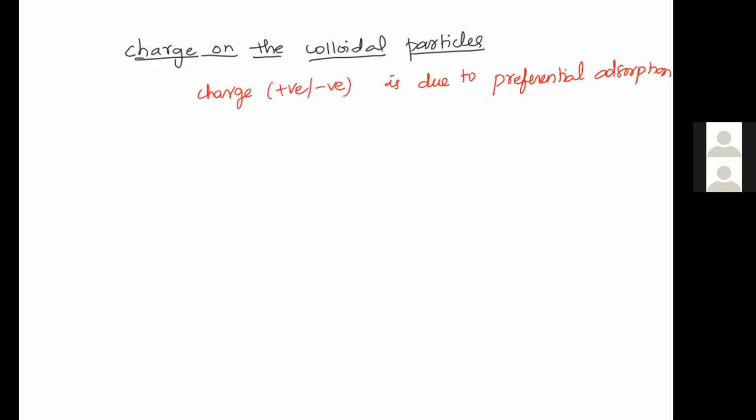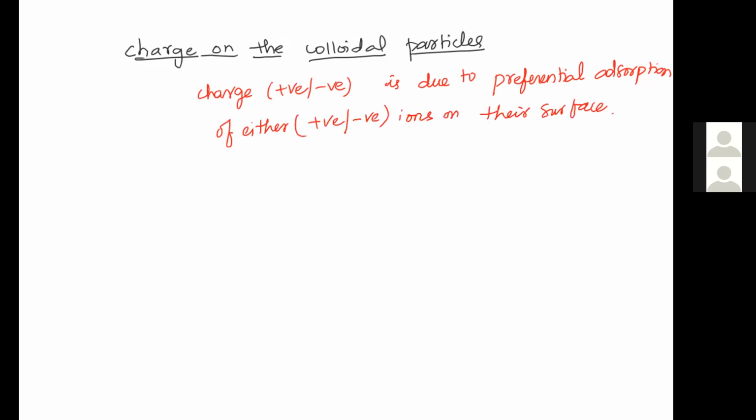There is a preference that is going to take place during the adsorption of either positive or negative ions on their surface, depending upon what the surface is. So there is adsorption of generally whichever ion is in excess, okay? That ion is actually adsorbed.